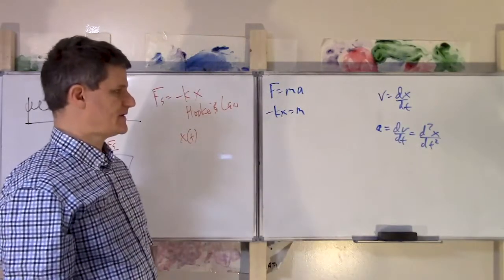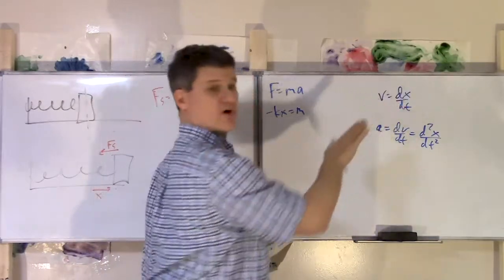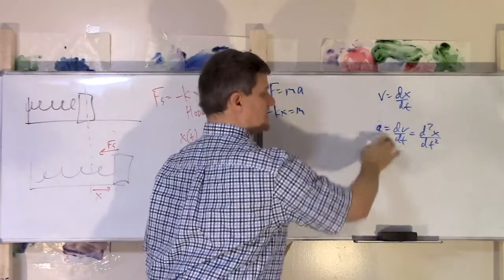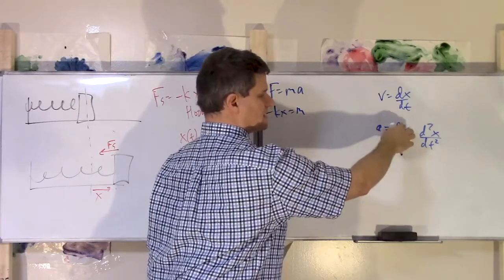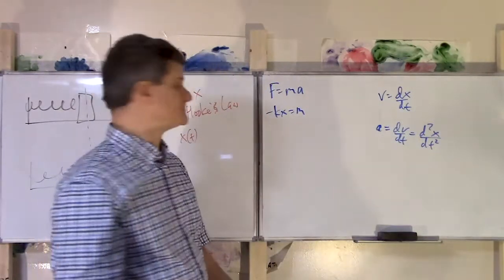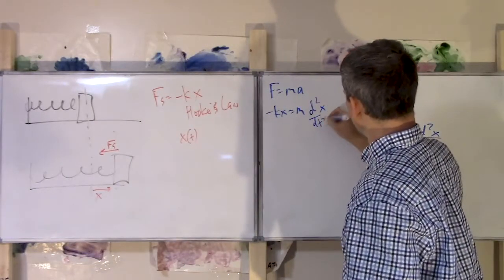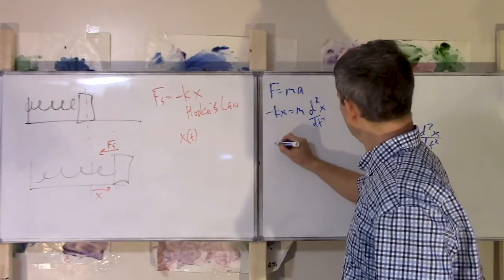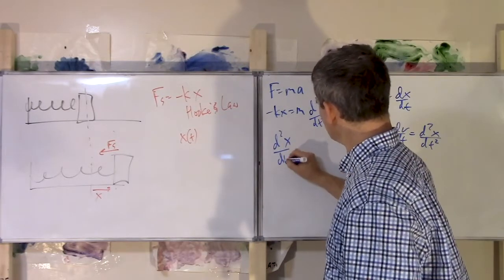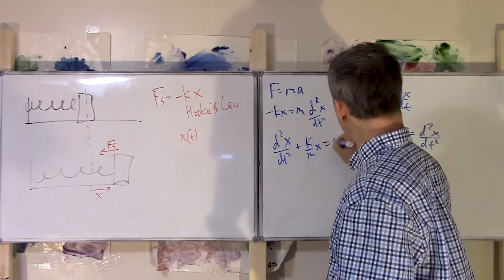Velocity is the first derivative, which of course you know is the slope of an xt graph, and acceleration is the first derivative of the velocity, which is the second derivative of the position. So let's put that in here: d squared x dt squared. Now let's put it in this form, d squared x dt squared plus k over m x equals 0.